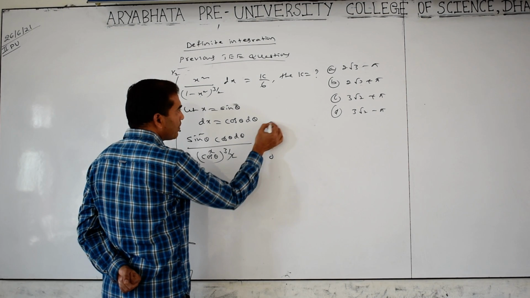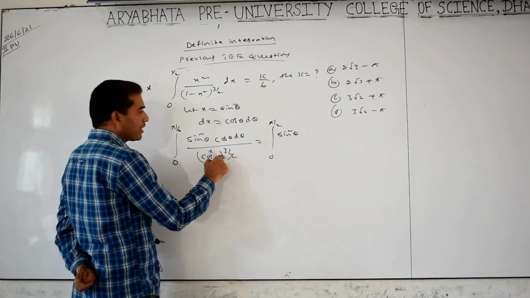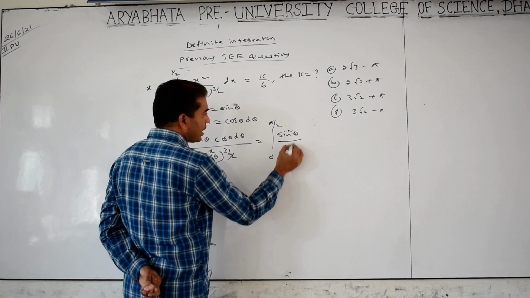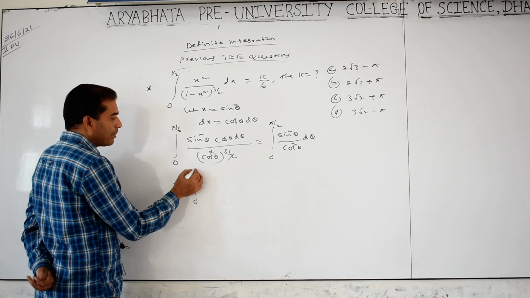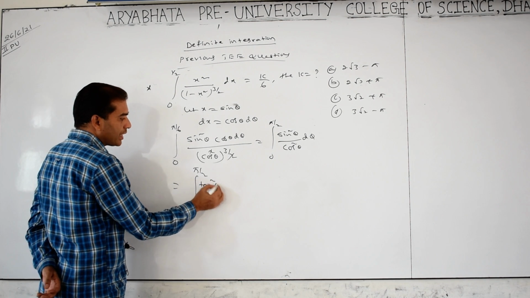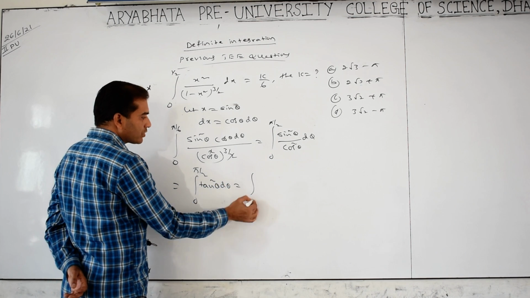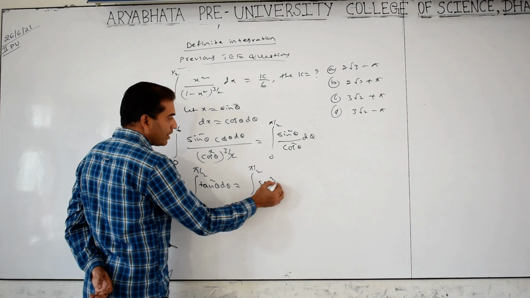Integration of 0 to pi by 6 of sin square theta cos theta by cos cube theta, which is cos square theta. So sin square theta by cos square theta equals tan square theta d theta. Tan square theta integration: secant square theta minus 1.